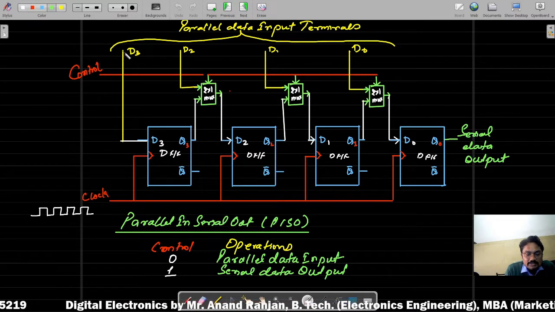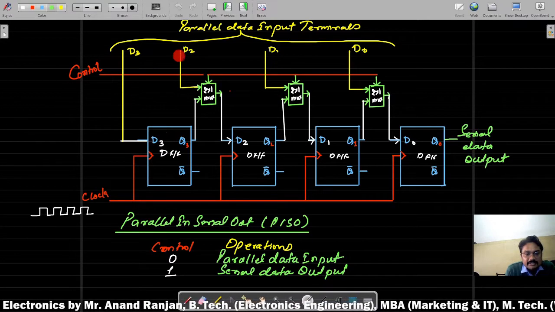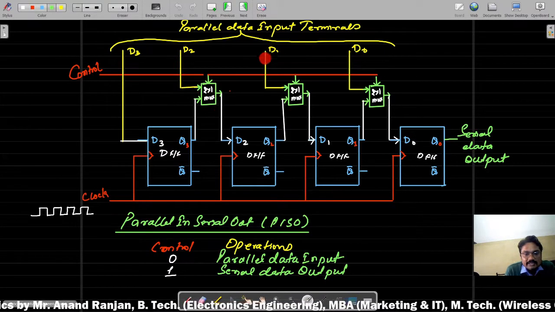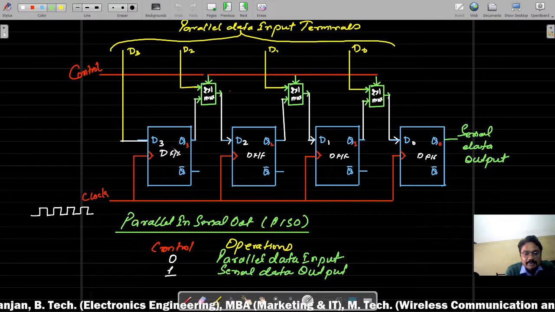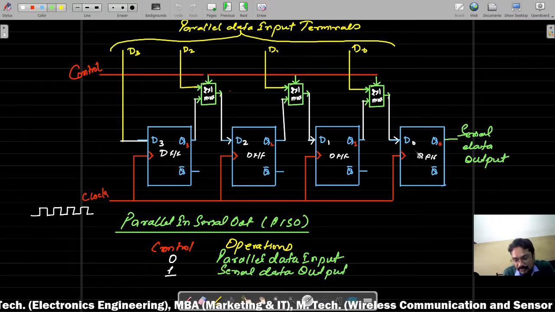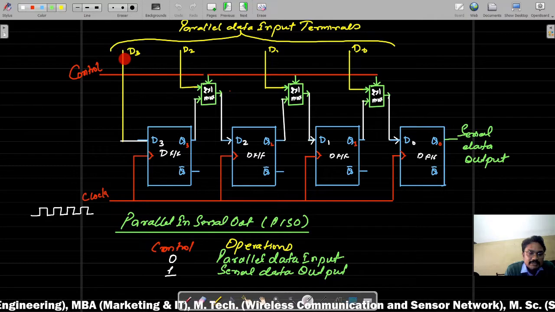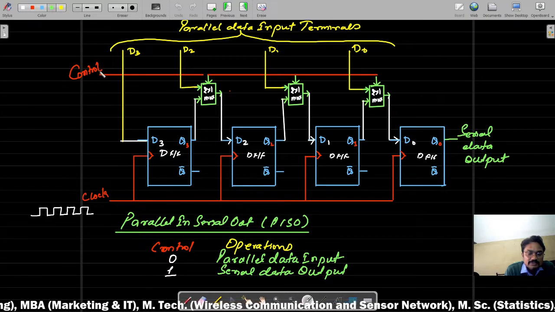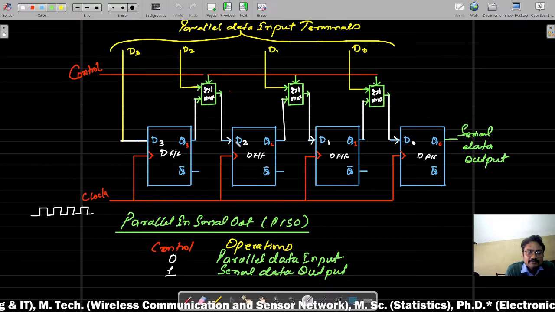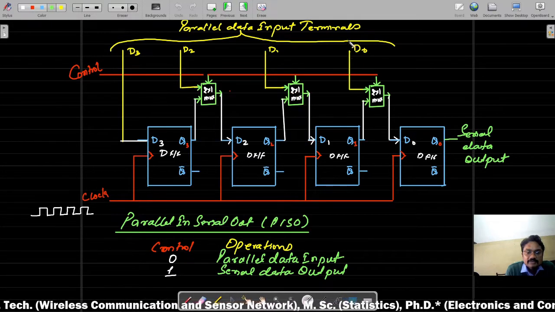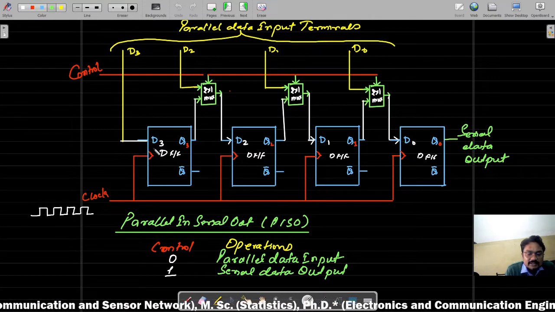So when control is 0, the D3, D2, D1 and D0 information is applied directly to the individual flip flops. You can follow the red dot in the connection. This is the input data flow, in which the data is input in parallel.